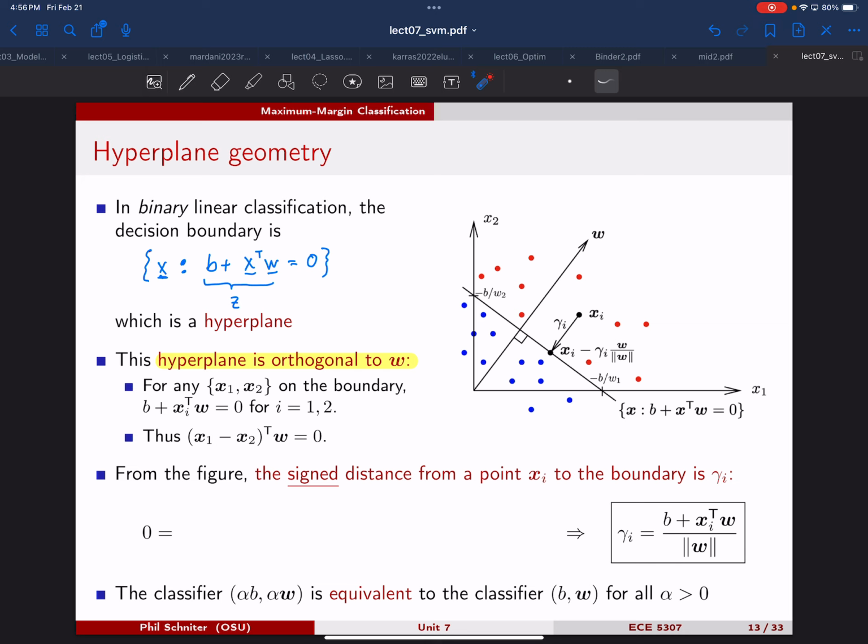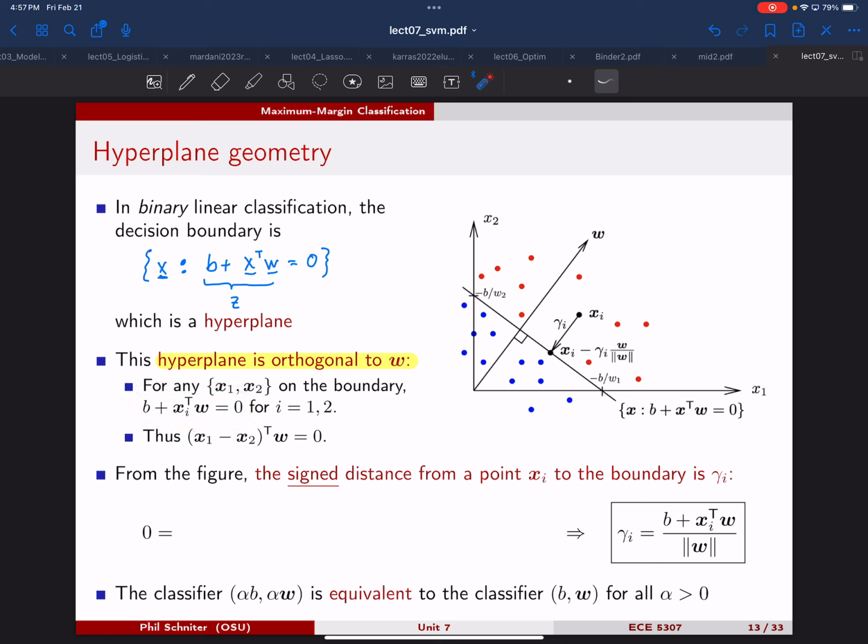I think we can. The way we can prove it is if we take any 2 points on the boundary, call them x1 and x2, we know that by the definition of the boundary, those 2 points satisfy this equation. For x1 and x2, b plus xi transpose w is 0.